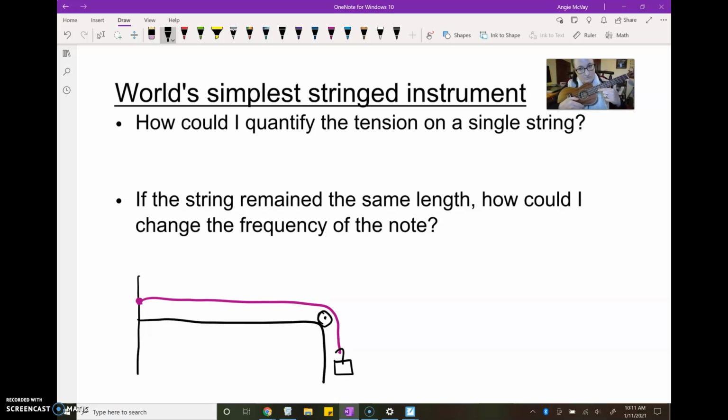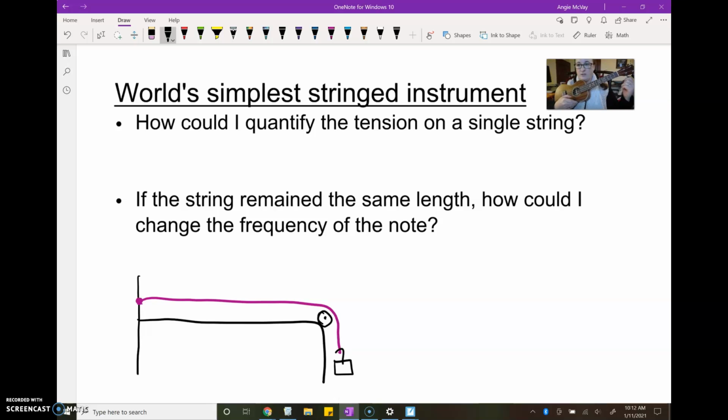Right, so I could decrease the length of the string, or if I increase the tension, I'm tightening this little knob up here.